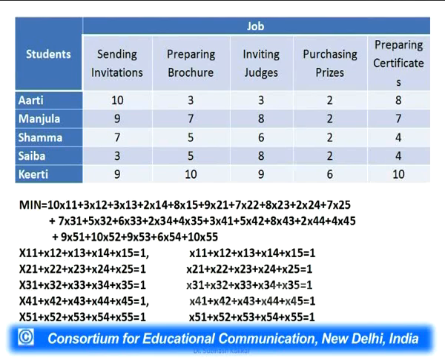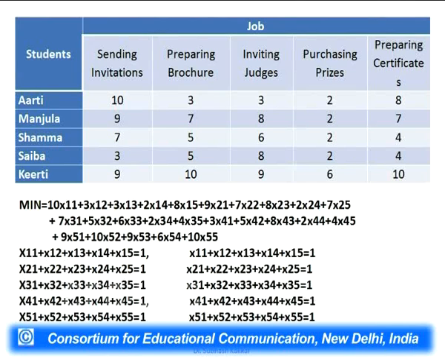And our variables for the first row are x11, x12, x13, x14 and x15. We will multiply these timings with the variables like 10x11, 3x12, 3x13, 2x14 and at the end 8x15. And this will complete the first row, and similarly we have to complete all other rows.